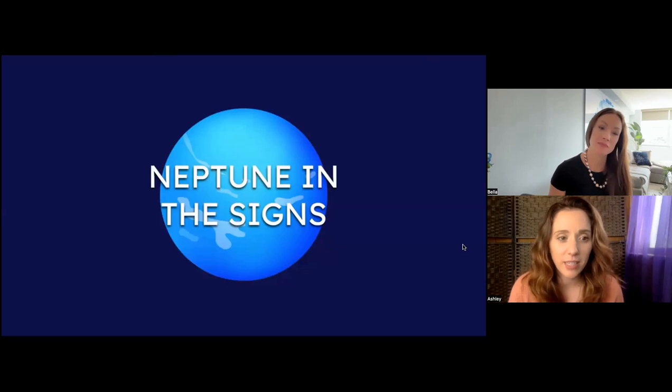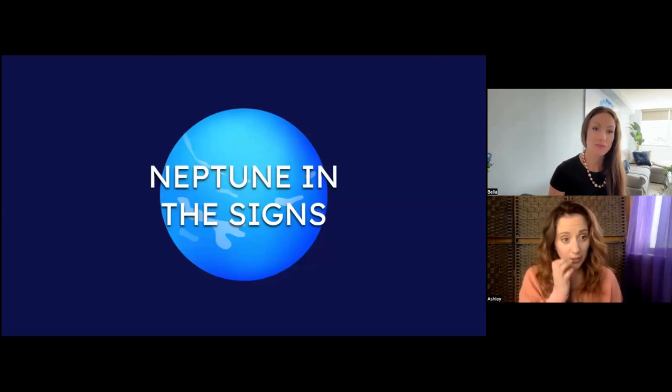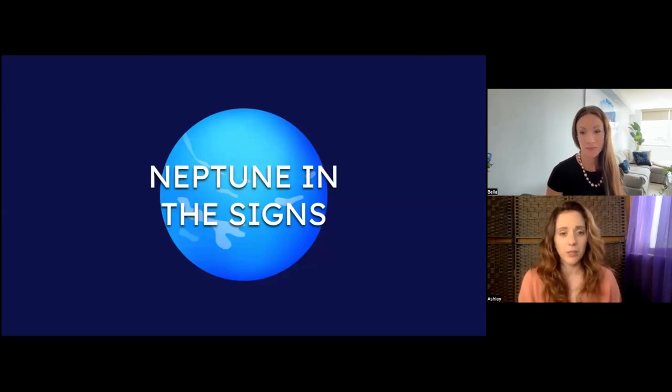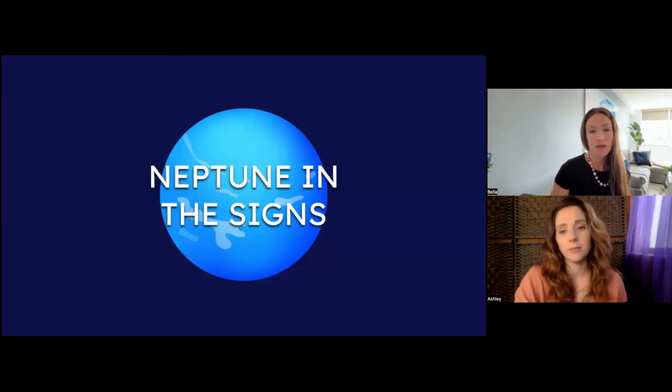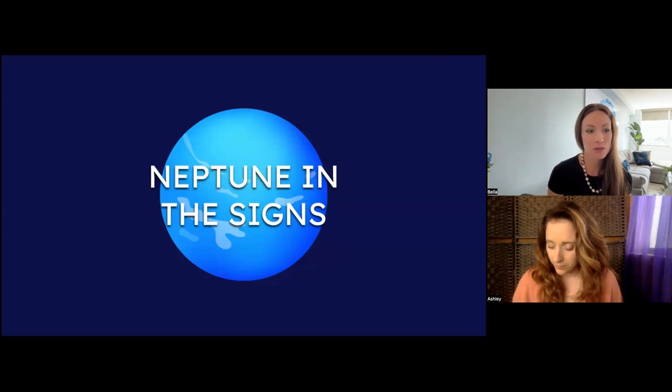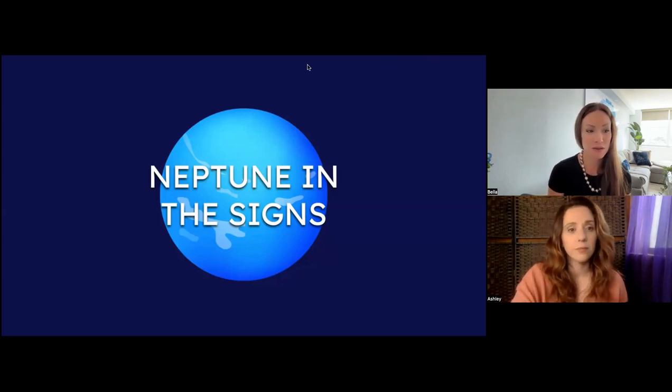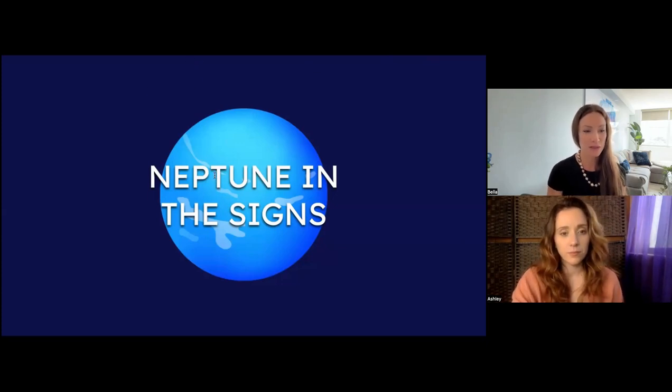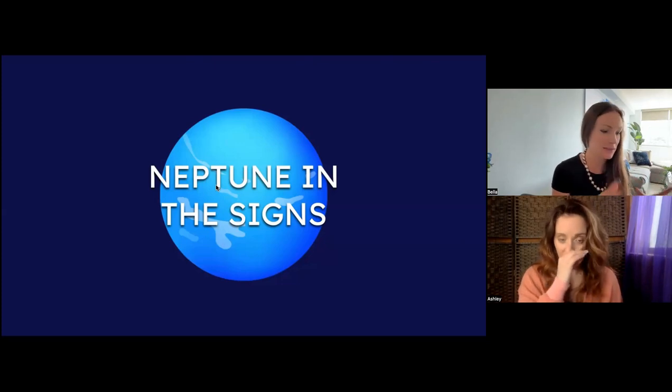All right, let's take a little bit of a deeper look at your Neptune activation. Here we're going to see Neptune in the zodiac signs. So this is generational, and it goes together with what happened in history. We know that when Uranus was discovered, that was with a telescope, and we can look at what was happening in the world at the discovery.